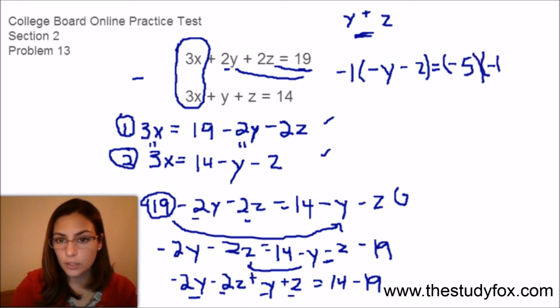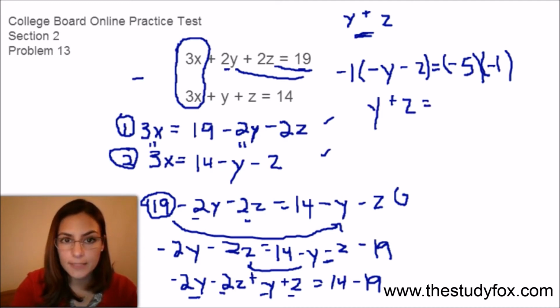Because remember, everything you do to one side, you have to do to the other side of the equation. So negative 1 times negative y is positive y. Same thing for z, positive z, equals negative 5 times negative 1, which is positive 5. And here you have it, y plus z equals 5.